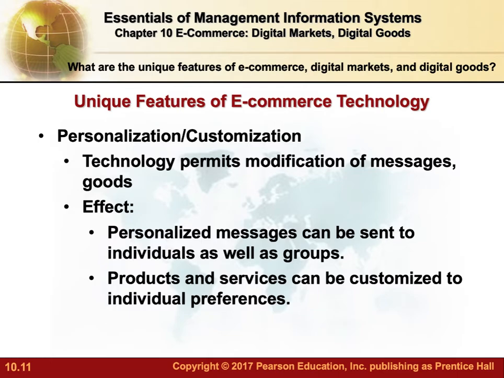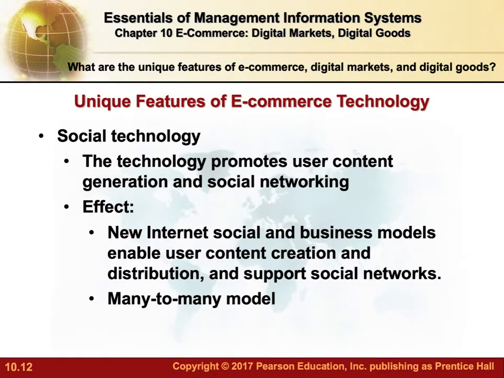When a customer is a frequent buyer of a certain product, the seller could customize the product range. And on top of that, with social technology, some websites allow certain products to be promoted on social networks. There's a share button, for example.